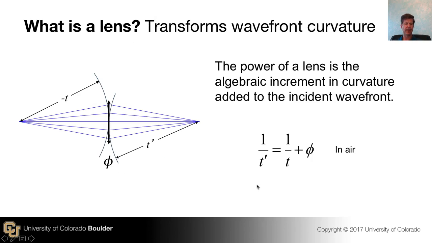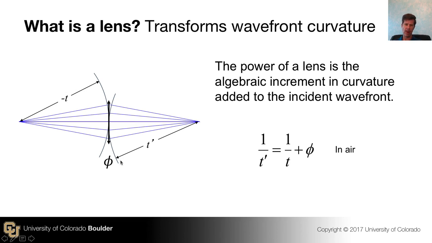That power concept is useful in lots of ways, but here's the first one. We can restate our Gaussian thin lens equation by replacing 1 over f with this power, phi, and we can now interpret that as a transformation of the radius of curvature of the wavefront. Here we have a radiating spherical wave, and at the lens, it would have a radius of curvature equal to t.